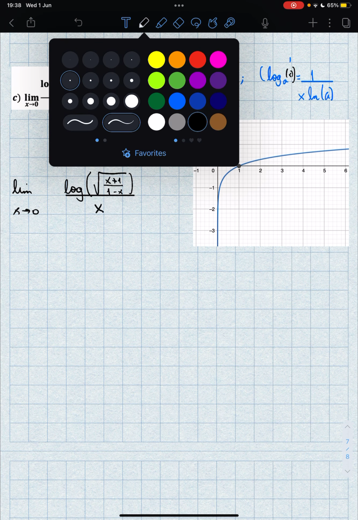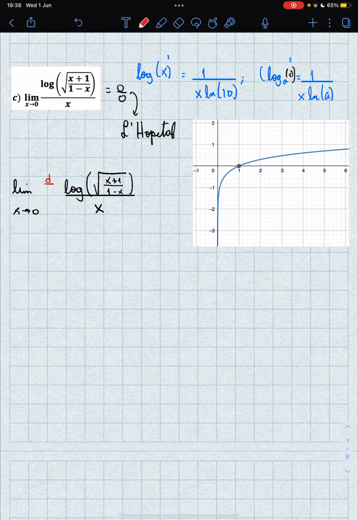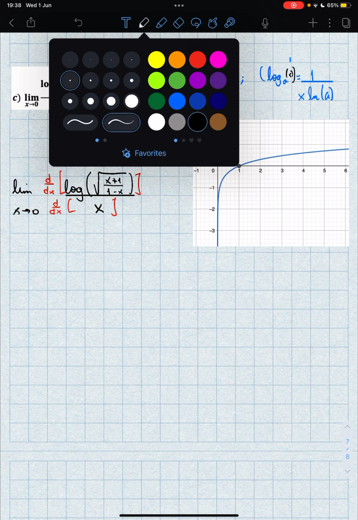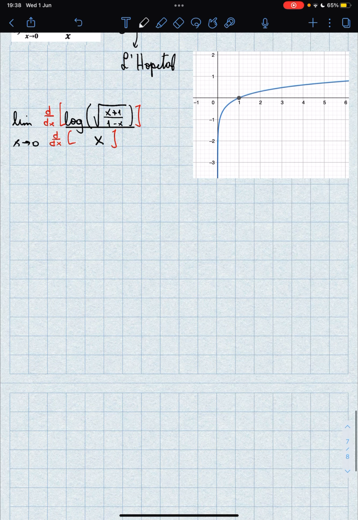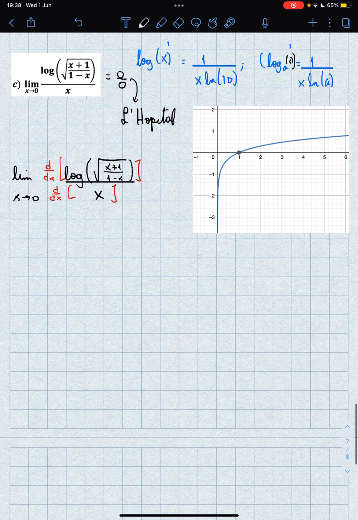As you can see, I'm going to put d over dx here and here. Perfect, guys. So let's start.